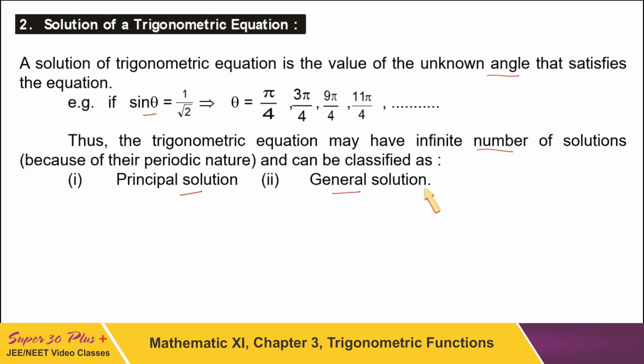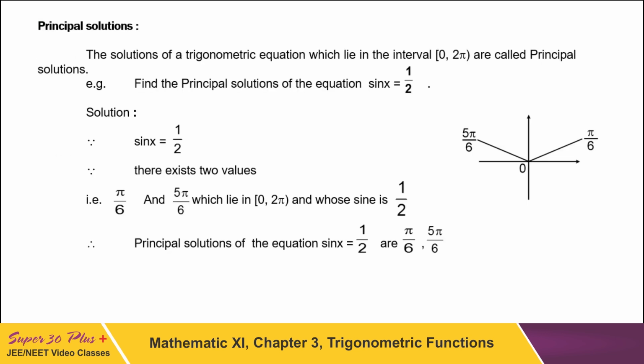What is the meaning of general solution? A general solution contains a variable, and by substituting values of the variable, we can find all the solutions of that trigonometric equation. And the principal solution lies between 0 to 2 pi only. What is the principal solution? The solution of a trigonometric equation which lies in the interval 0 to 2 pi is called the principal solution.